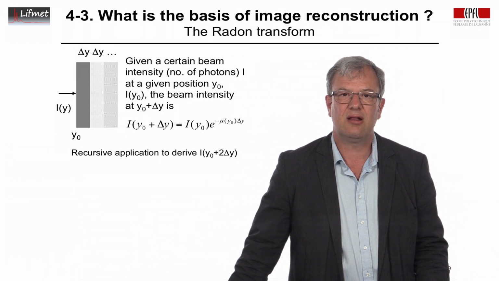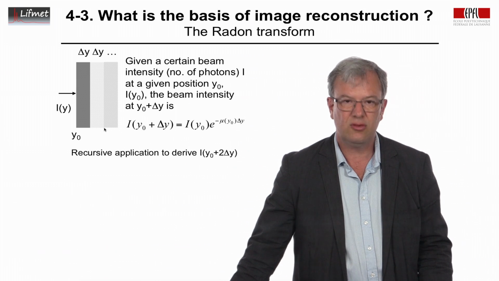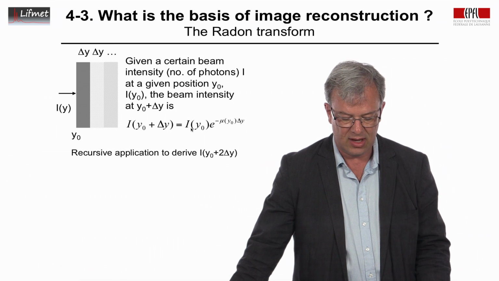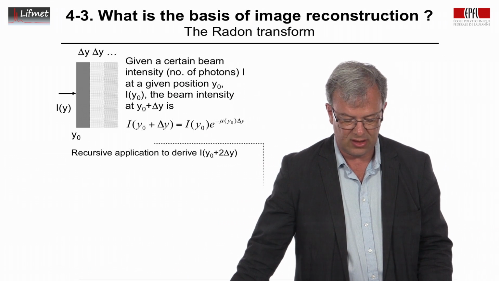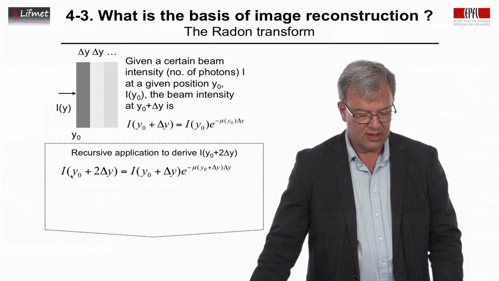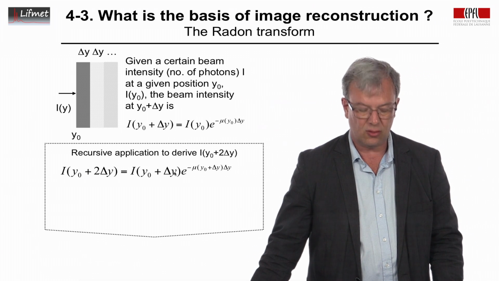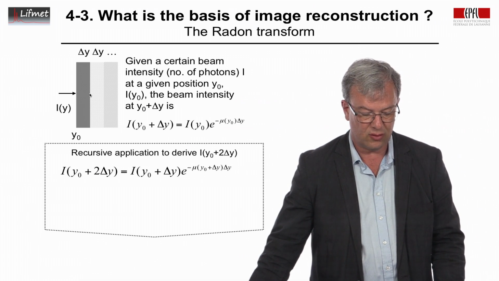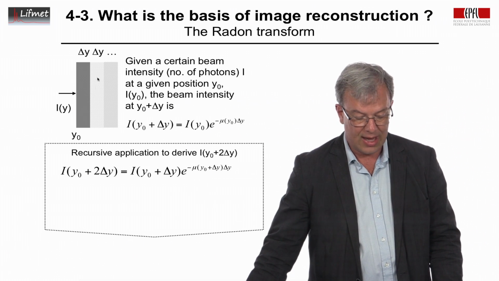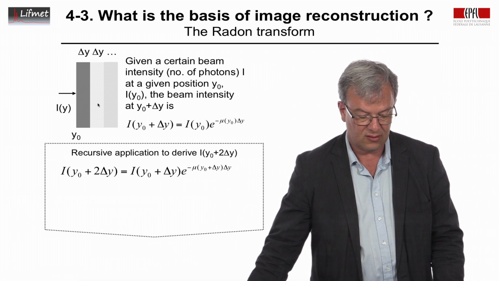Now I'm interested in calculating the intensity at this position here. We'll apply this equation recursively to arrive at this expression. So the intensity at y0 plus 2 delta y is given by the intensity at y0 plus delta y, that's the intensity of the photons arriving at this layer, times e to the minus mu at y0 plus delta y, times the thickness delta y.